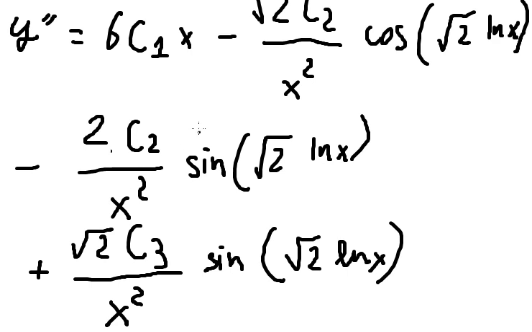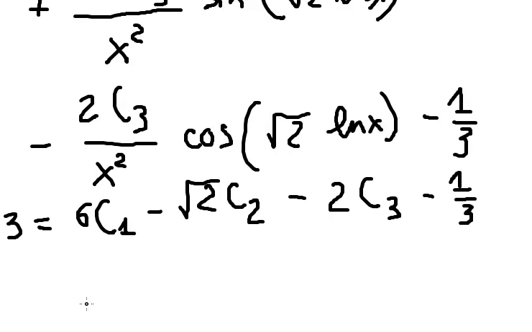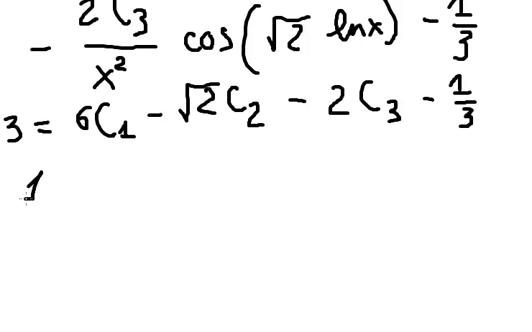We put 1 going here, you get 0, because sine of 0 you get 0. This one you get 0. This one we have cosine of 0, we have 1. So we have negative 2 c3. Negative 1 over 3, we keep the same. Now after we have this one, we put negative 1 over 3 to the left, and we have 10 over 3. And now we have like this.